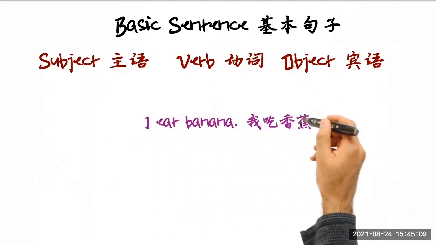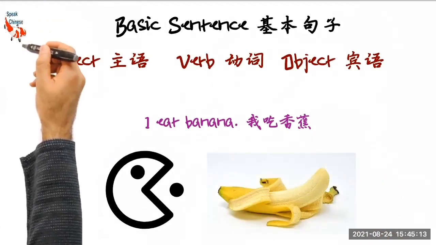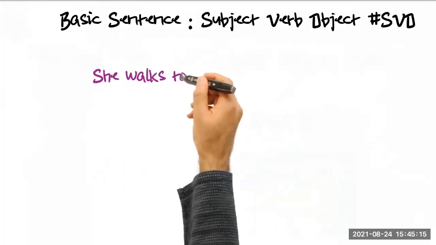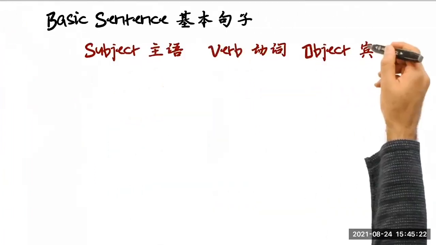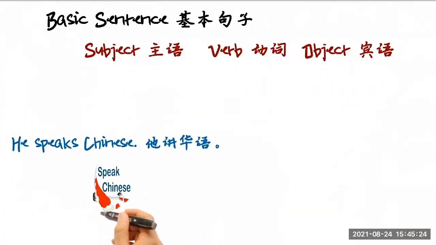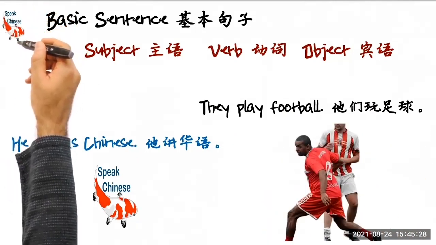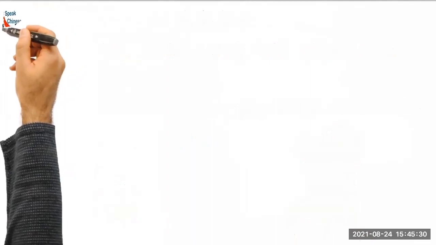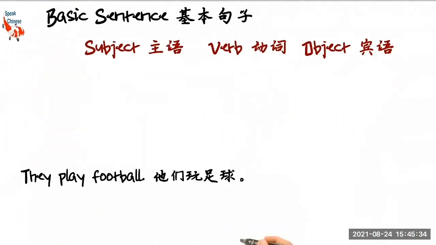For example, the sentences are: I eat banana, she walks to school, he speaks Chinese. As you can see, each of these sentences consists of three things: a subject, a verb, and an object.